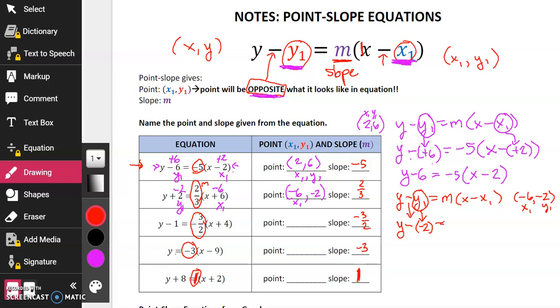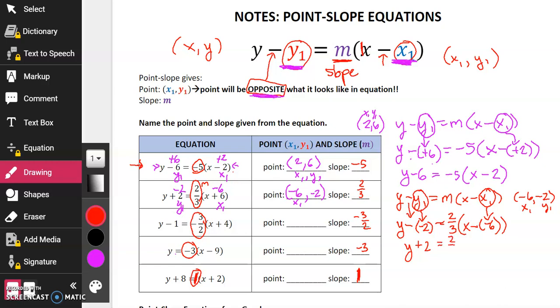Okay, so our slope here we said was 2/3. I write x minus, because all I'm taking out is the x1, and I put in negative 6, because that's the value for x1, right? When we subtract a negative, that's the same as adding. Because this is like negative 1 times negative 2 plus 2.